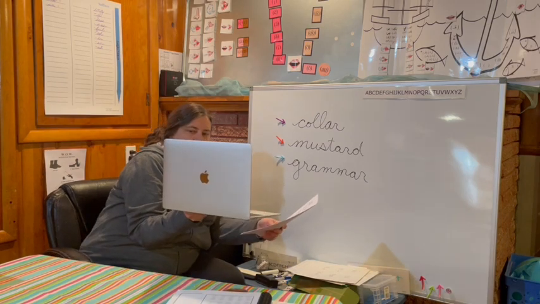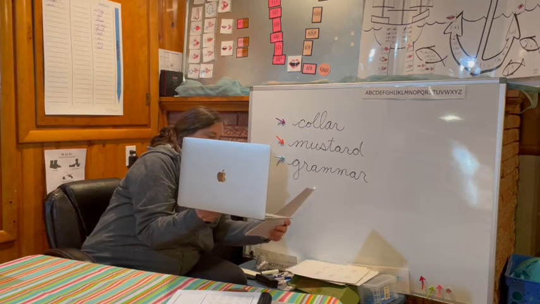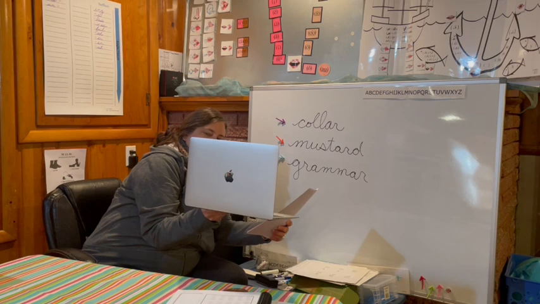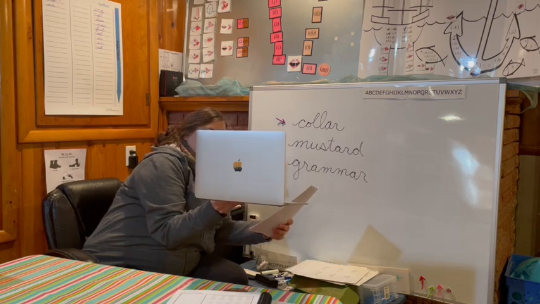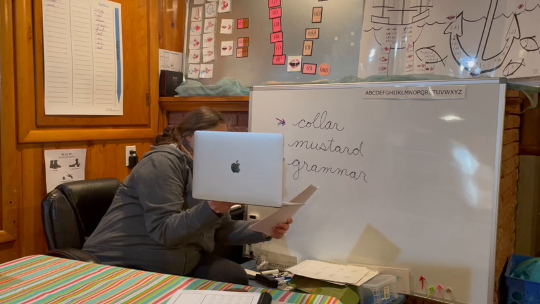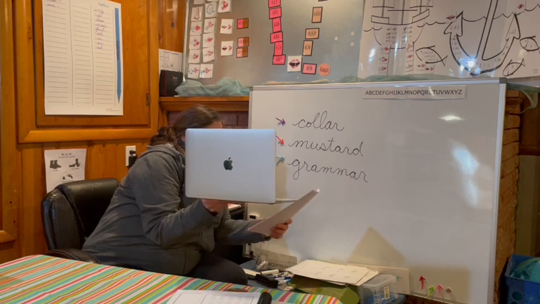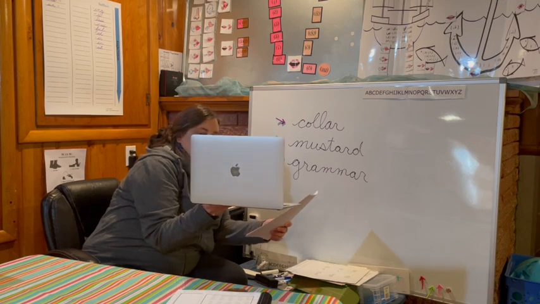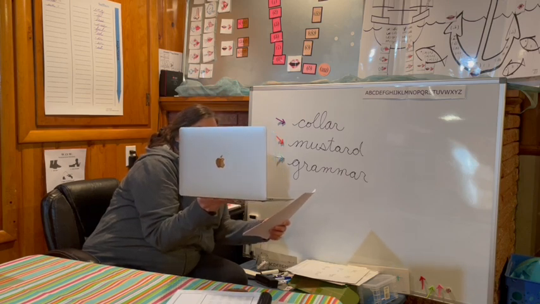Okay, so with those 3 words, what do you see that's alike in those 3 words? A-R. Good noticing. How many letters are those? What? How many letters did you just name? Did you see? 2. Right.